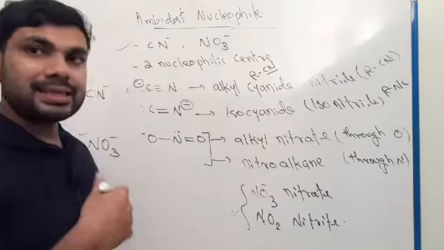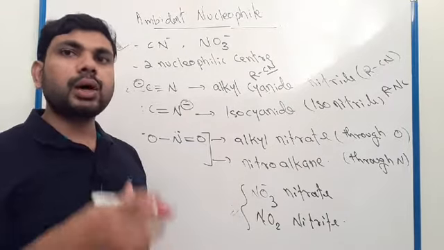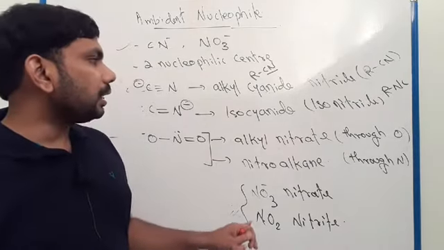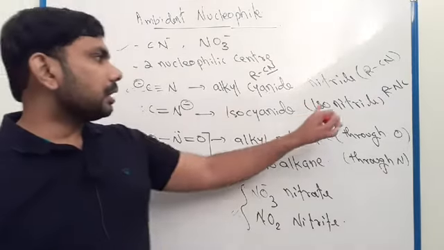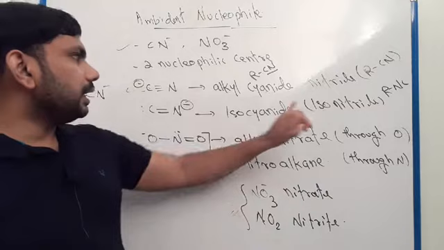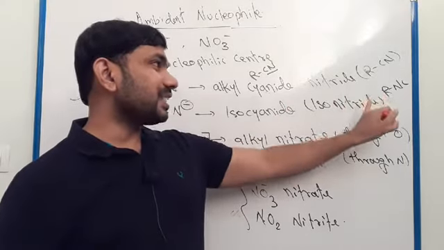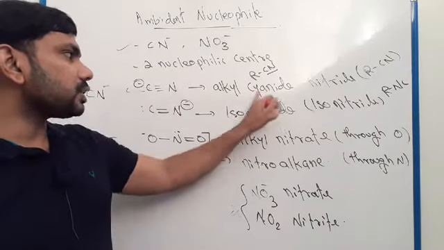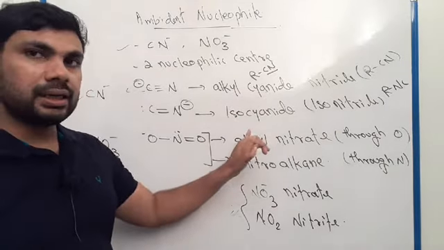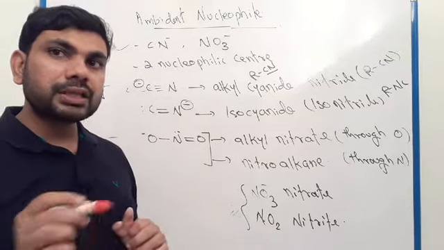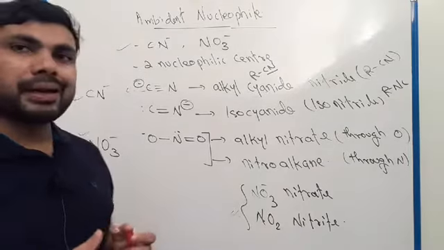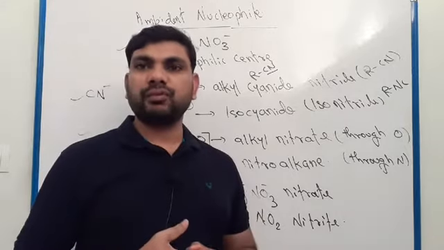NC is the opposite, so alkyl isocyanide. RNC is isonitrile, while RCN is nitrile, alkyl cyanide. NC, so there will be the term iso. Clear? So these are the things you have to remember about the ambident nucleophile.